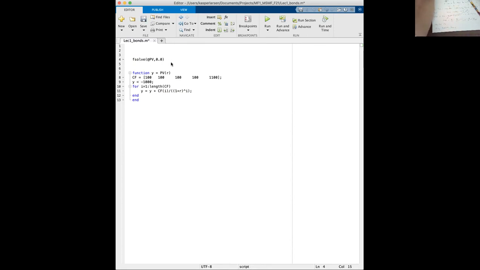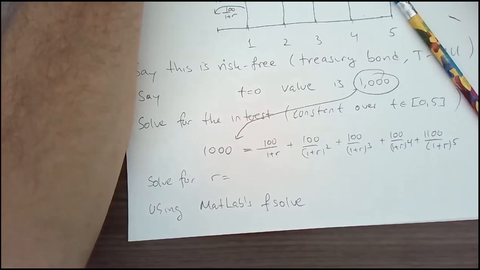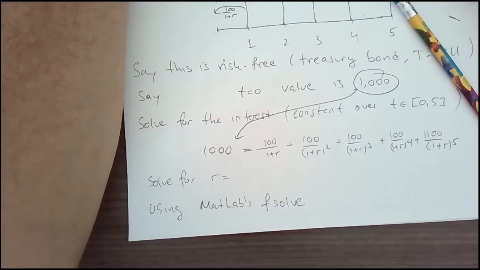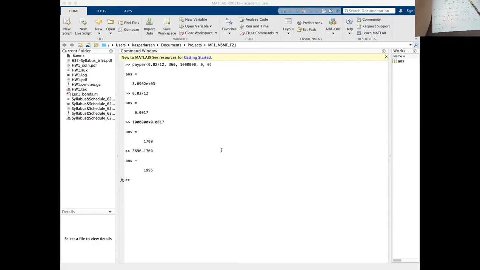And to use this fsolve command, you need to feed in a guess. So here I'm feeding in 1%. I could start by guessing that it's 1%, so r is equal to 0.01. Okay, so let me try to do that, see what happens. I need to go back and share the other file. So this is MATLAB.